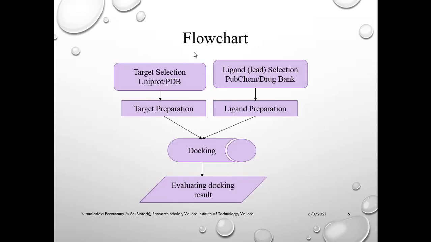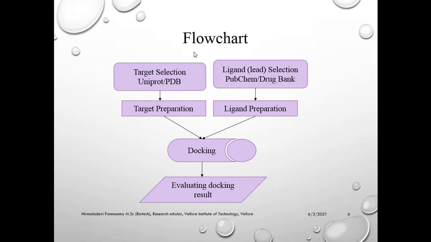This is the flowchart of the work of doing docking. Target selection: for target selection, we are using protein databases like UniProt and also Protein Data Bank, called PDB. And for ligand selection, we are using PubChem or DrugBank.